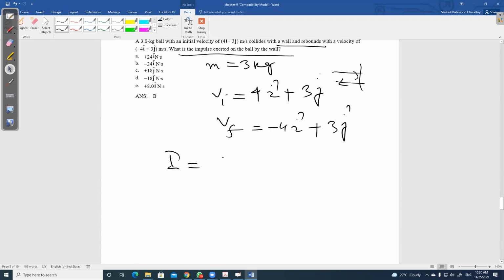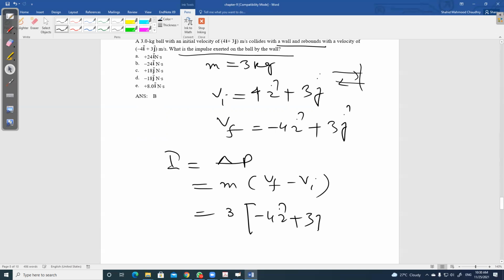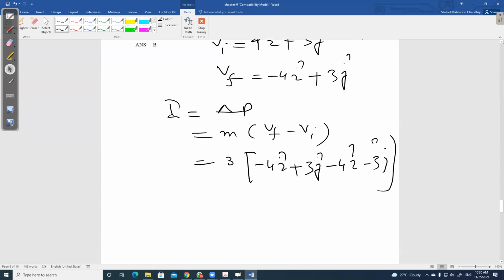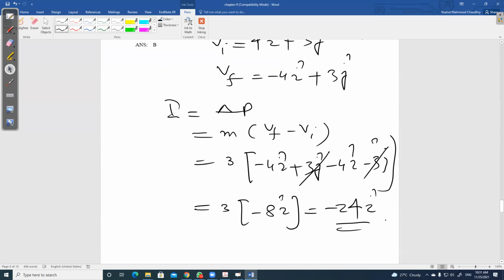Impulse is equal to change in momentum, m into vf minus vi. M is 3, vf is minus 4i plus 3j minus (4i plus 3j), so this is minus 4i minus 4i, which is minus 8i. So 3 into minus 8i is minus 24i. This is the answer.